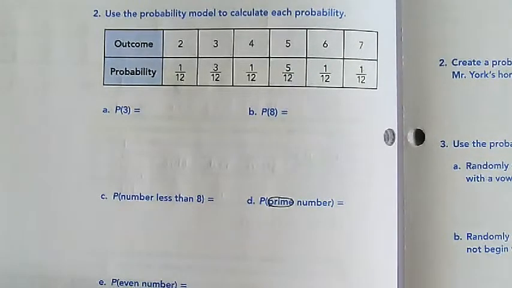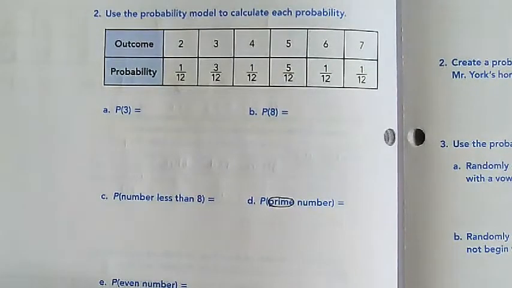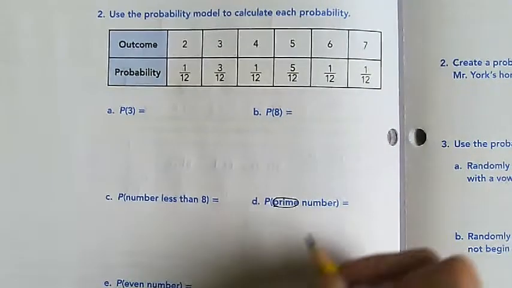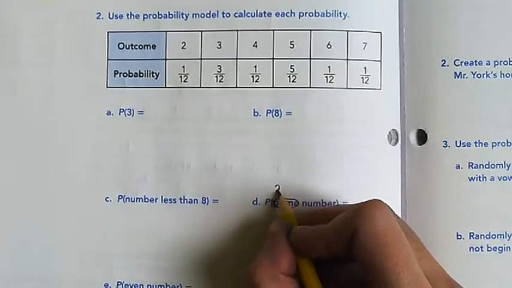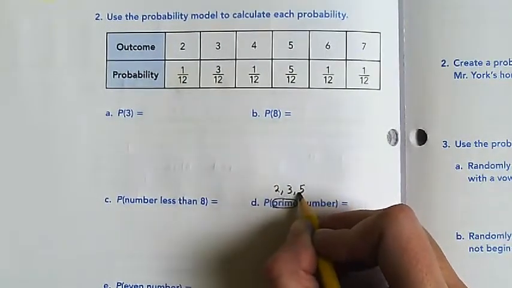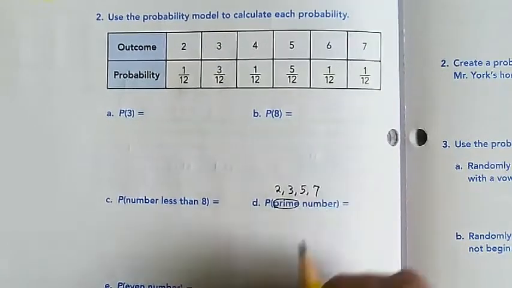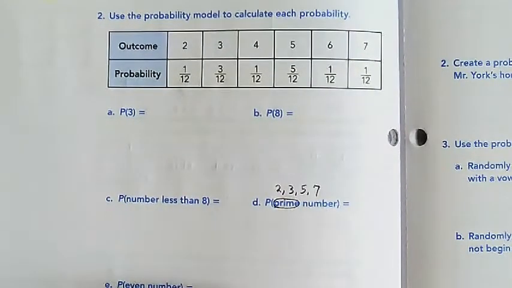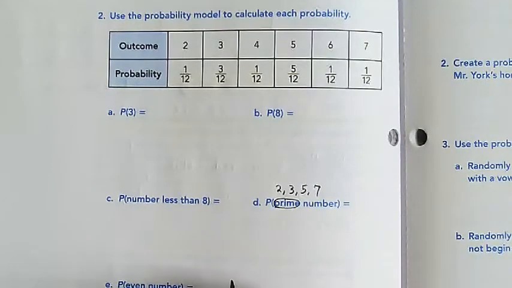A prime number is a number that can only be divided by 1 and itself. So that's going to be the number 2, the number 3, the number 5, and the number 7. Wait, what? I got it mixed up. So prime numbers are numbers that can only be divided by the number 1 and itself. I thought it was multiplied.